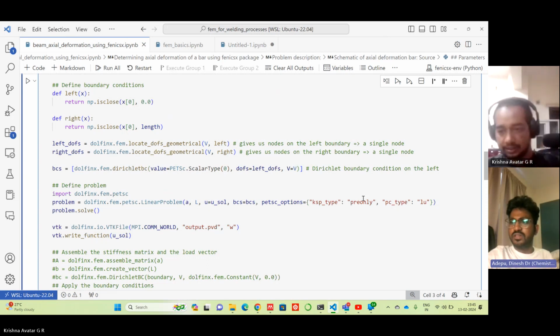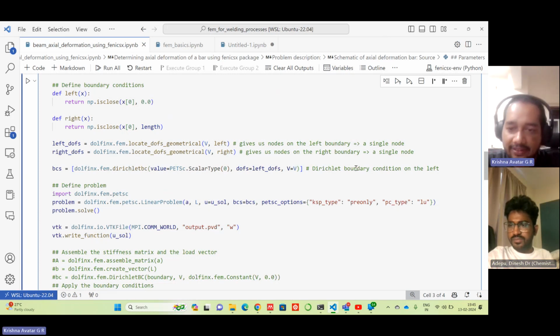Actually, right now these areas have not been discussed so far, so we'll see what comes later.